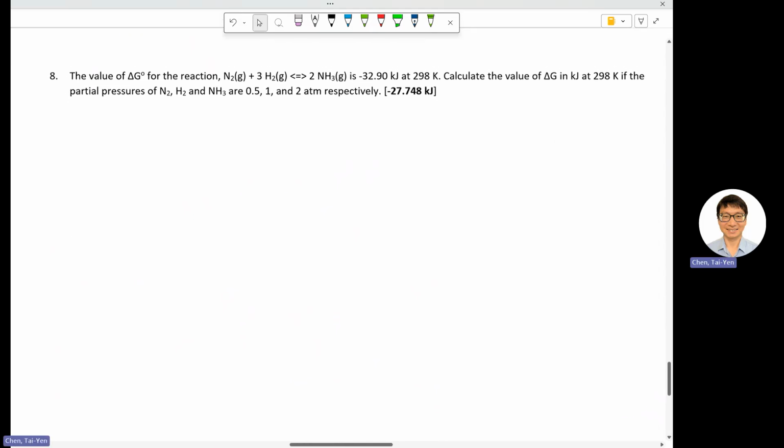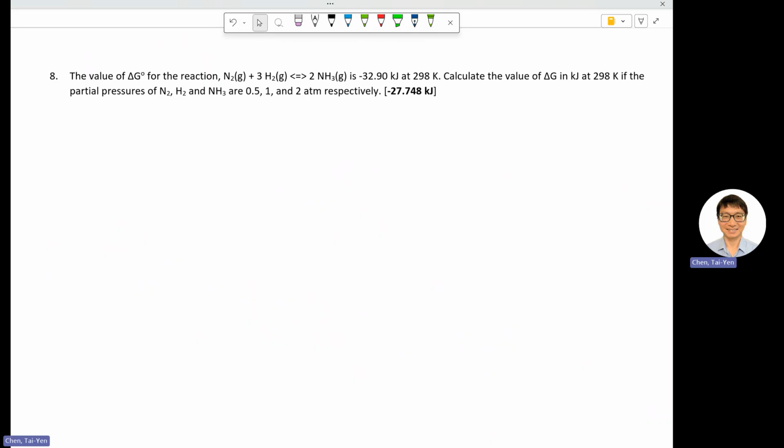Okay, question number 8. The value of delta G naught for this specific reaction of N2 is negative 32.9 kilojoules at 298 K. Calculate the value of delta G at that temperature if the partial pressures of N2, H2, NH3 are 0.5, 1, and 2, respectively. This is a very standard question.